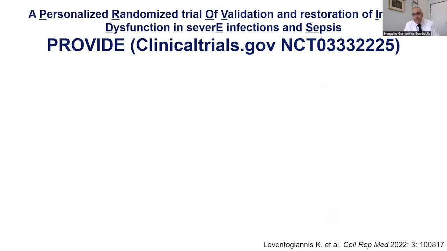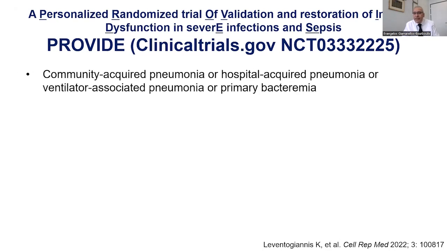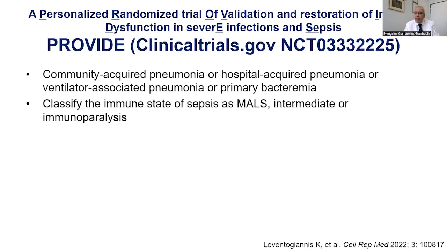So the question is, can we indeed develop tools, and can we prospectively validate the tools that we have? We did that in a phase 2 study with the Hellenic Institute. And actually, we enrolled in the study patients with lung infections, either community-acquired or hospital-acquired, or patients with primary bacteremia.